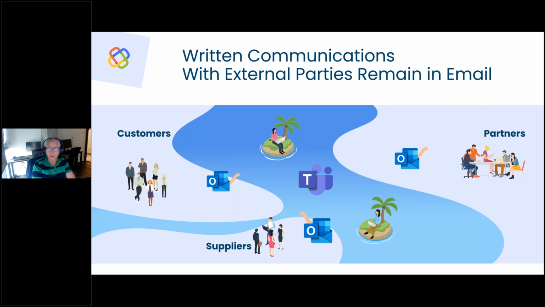Although Microsoft is making strides to make it easier for different companies to connect using Teams, a lot of the record keeping, being able to keep documents and also emails of record, is important because each side has to keep a copy of the communications. Teams is not really easy to do that. It's not really easy to keep things under wraps.